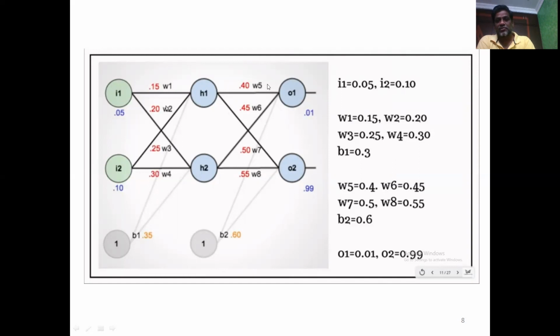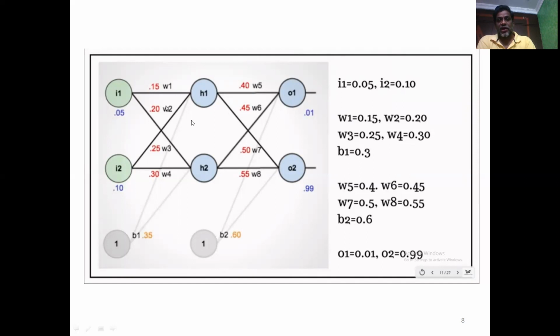Similarly, W5 is 0.40, W6 is 0.45, W7 is 0.50, and W8 is 0.55. Similarly, I am assuming bias 1 as 0.35 and bias 2 as 0.60. These are all random values. We did not get these values; they are initialized randomly.